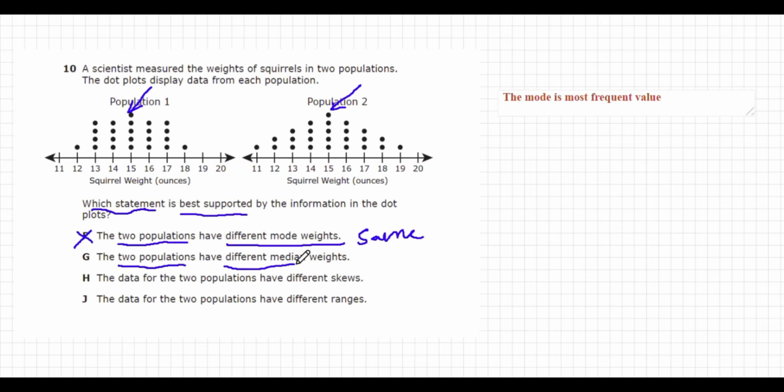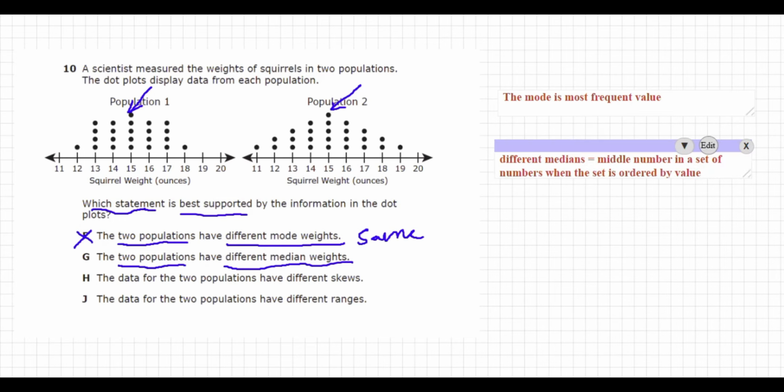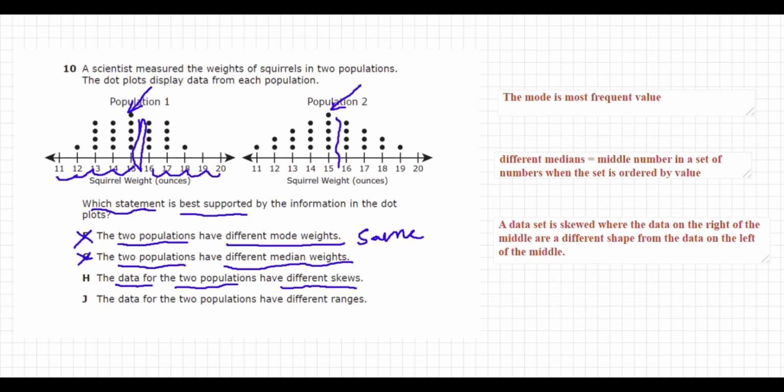Option G. The 2 populations have different median weights. Median is the middle number in a set of numbers when the set is ordered by value. We have the same median weights in this situation. So, eliminate G. Option H. The data for the 2 populations have different skews.